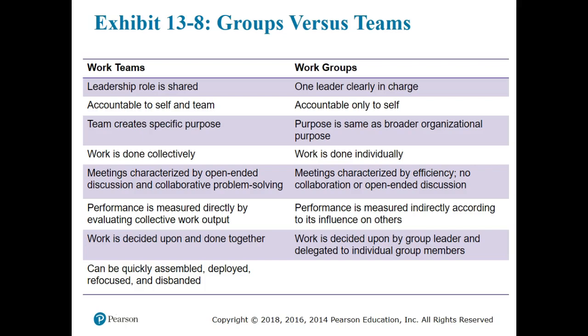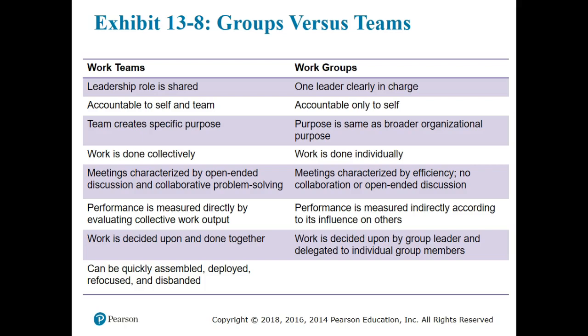In work teams, work is done collectively. In work groups, work is done individually. In work teams, meetings are characterized by open-ended discussion and collaborative problem solving. In work groups, meetings are characterized by efficiency, no collaboration or open-ended discussion.